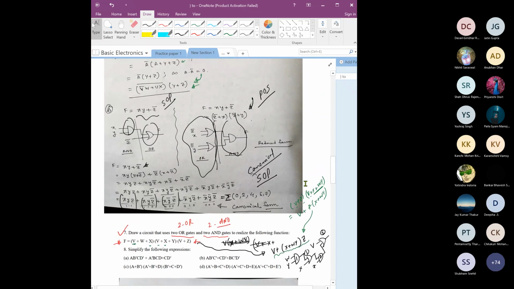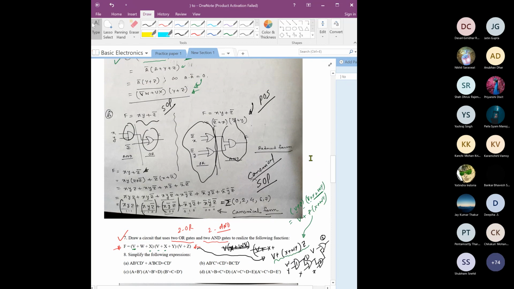In this question, could we have used a three input AND gate? If we go one step further from this simplification, we can get v plus xz plus wyz. So we can still simplify xz plus wyz, right?